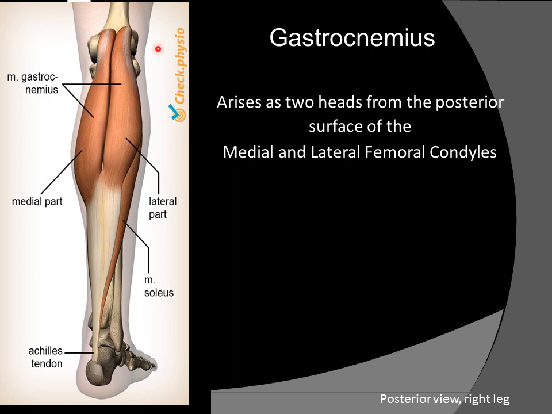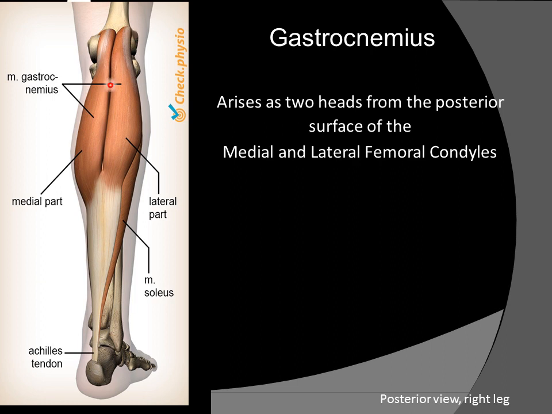It consists of two heads, medial head and the lateral head. Medial head arises by a flat tendon from the medial condyle of the femur, whereas the lateral head arises from the lateral condyle of the femur.